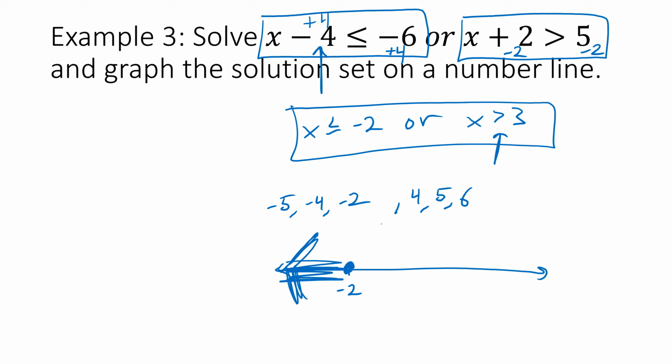Now, numbers in the middle don't really work, but once I get up to 3, numbers higher than 3 do work. So I'll draw my arrow going this way. I'm going to use an open dot at 3 because it's just greater than, there's no equal sign there. And that's my final picture. Either the numbers below negative 2 work or equal to negative 2, or the numbers above 3 work.